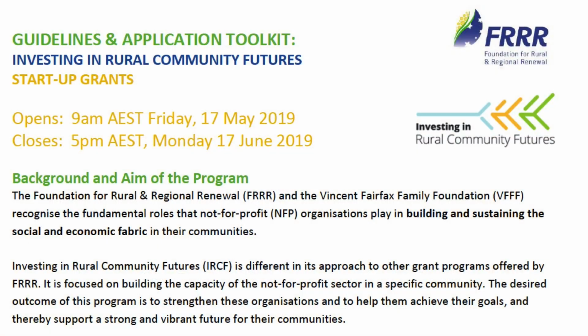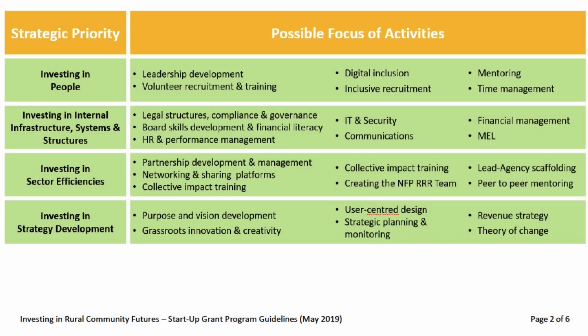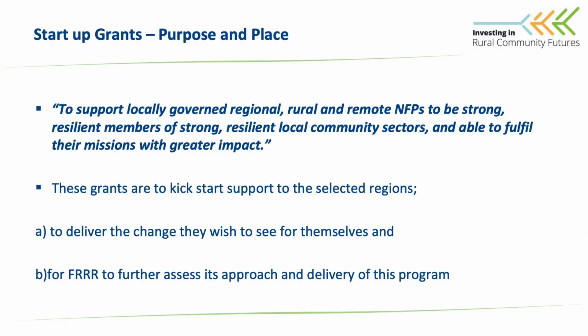And now we're going to get into how to fill in this grant application and get you started with some tips and some tools on how to get going. The Investing in Rural Community Futures program has guidelines which accompany the grant application form. It really goes through exactly what our priorities are and what meets our criteria for investment. As you already know, this program is a bit different.